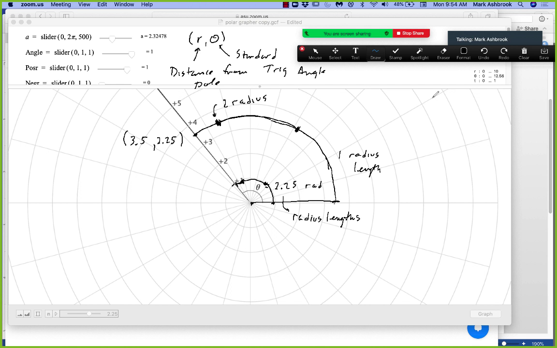Okay, so now we've established this is the direction of r in the direction of 2.25 radians.